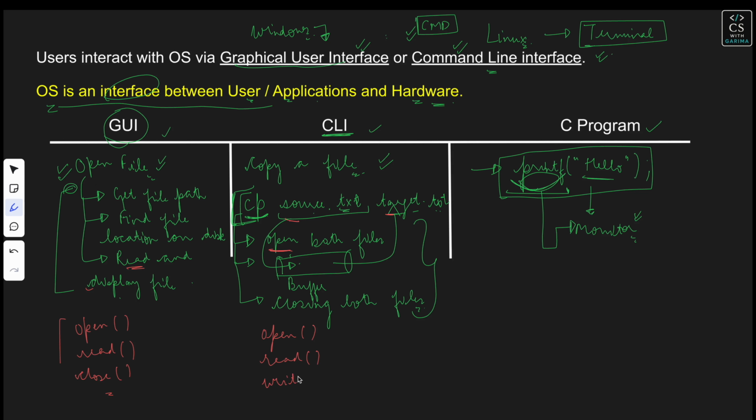Then the write system call to write to the target.txt file. And lastly, the close system call to close both the files. And very similarly, you can by now guess that the printf method would require the write system call to be executed at the OS level.